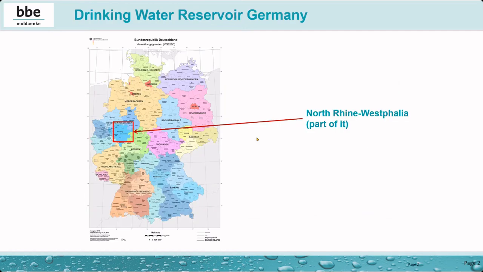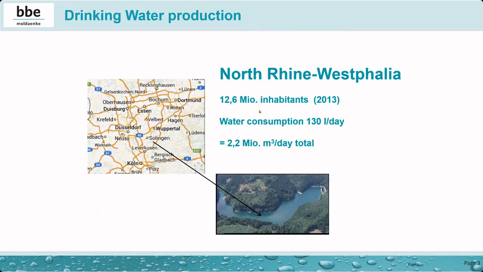I will tell you a little bit more about the application. Here, Detlef is sitting more close to the Danish border, I'm sitting here, and Babak sits close to Kiel, far north of Germany. And there's a very big drinking reservoir here in North Rhine-Westphalia, and they have 12.6 million inhabitants, 130 liters a day.